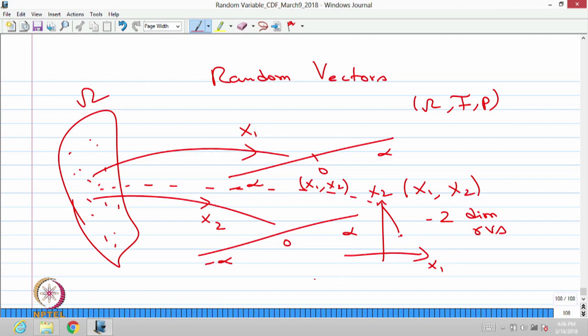In the same way, one can define an n-dimensional random variable x1, x2 and so on till xn. Each one is a random variable, therefore this is an n-dimensional random variable, in short RVs. That means we can go for finding the joint distribution of the n-dimensional random variable x1, x2, so on, xn.